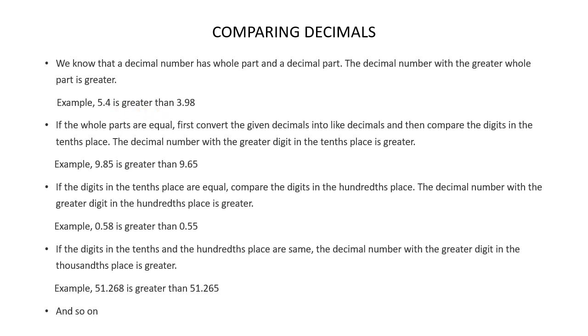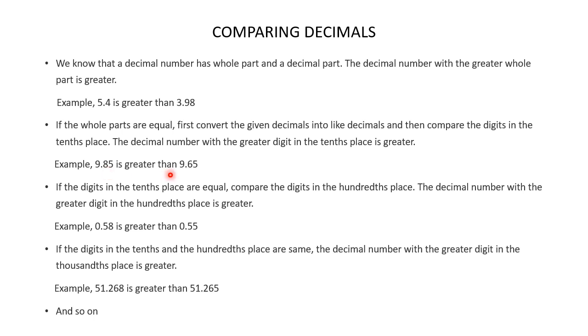Now, if the whole parts are equal, first convert the given decimals into like decimals and then compare the digits in the tenths place. The decimal number with the greater digit in the tenths place is greater. For example, 9.85 is greater than 9.65.